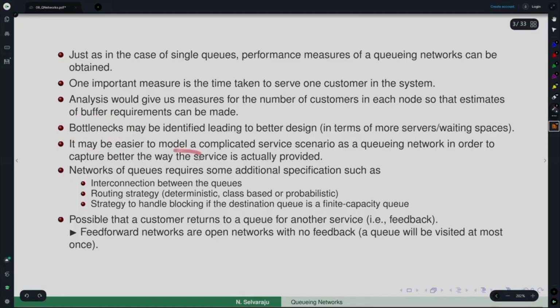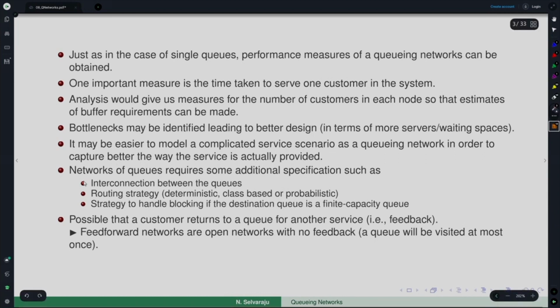That is why we say that it is easier to model a complicated service scenario as a queuing network, in order to better capture the way the service is actually provided, rather than treating the whole thing as a single black box, right. If you do it individually, you can capture the behavior in a much more convenient way.